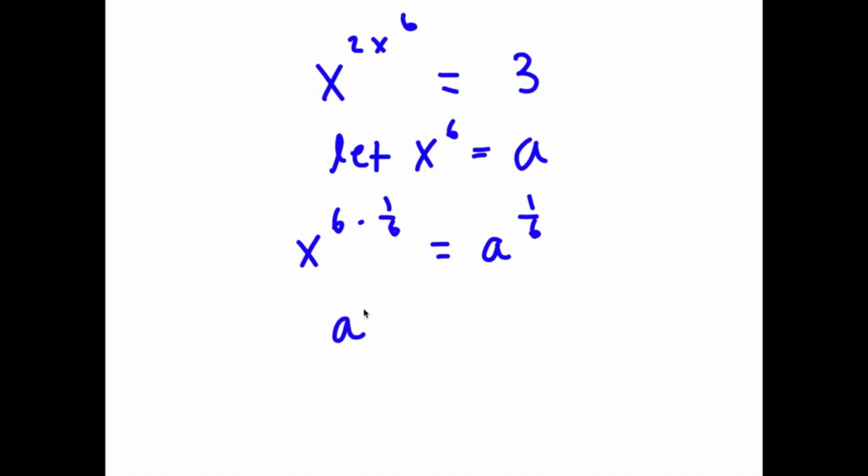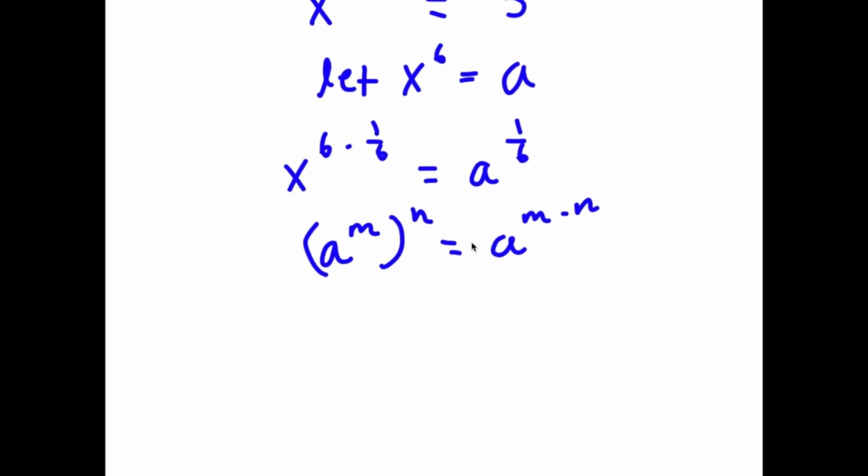Now if I have something in the form a to the power of m to the power of n, this is equal to a to the power of m times n. So x to the power of 6 times 1 over 6, that's 1, so I have x to the power of 1 is equal to a to the power of 1 over 6, meaning x is equal to a to the power of 1 over 6.